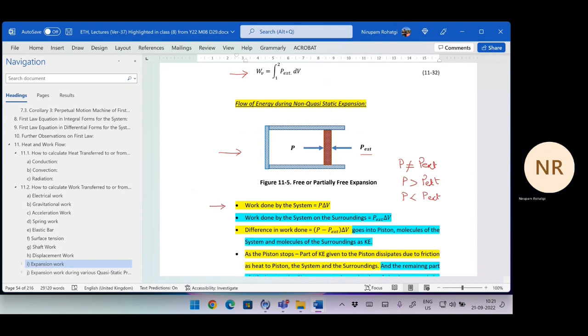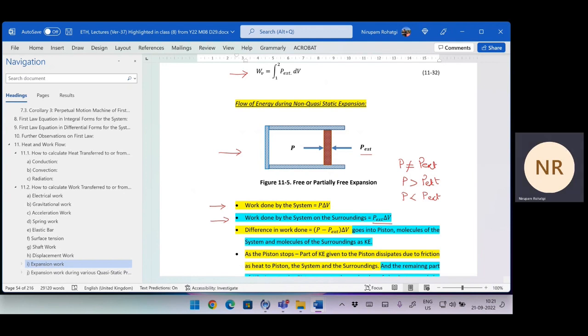Now you can see the work done by the system would be equal to P delta V. But the work done by the system on the surroundings is P external dV. So there is a gap. If these two are not equal... in a quasi-static process, both are equal, so the work done by the system is the same as the work done by the system on the surroundings.